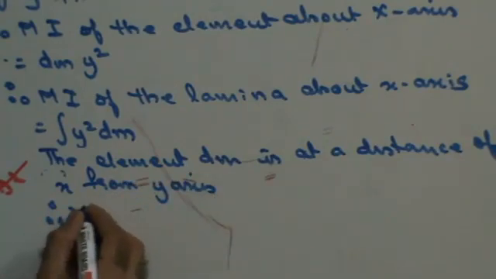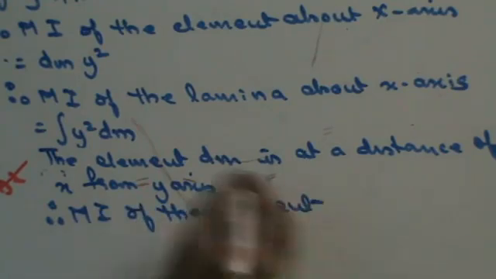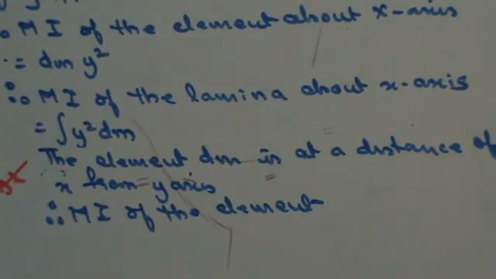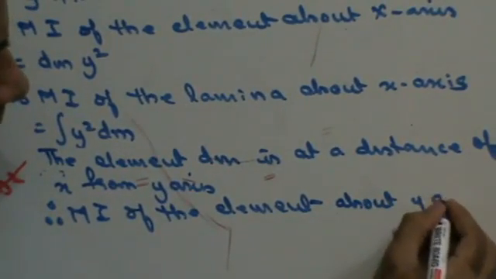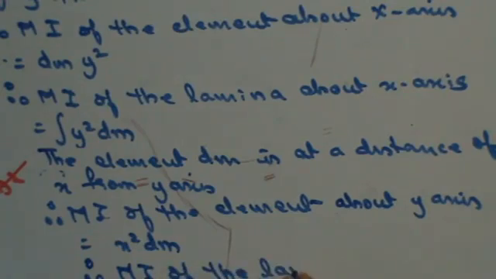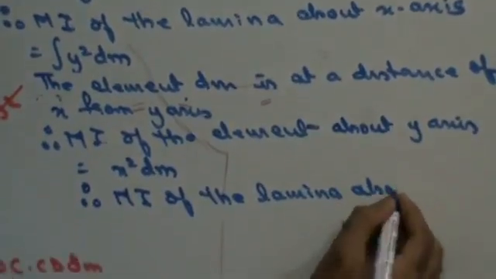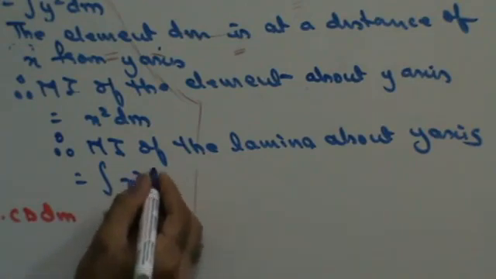Therefore, the moment of inertia of the element about the y-axis is x squared dm, and the moment of inertia of the lamina about the y-axis is going to be the integral of x square dm.